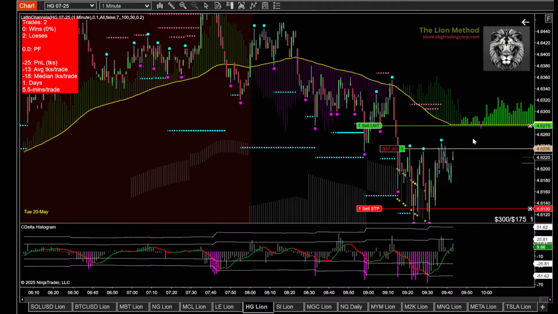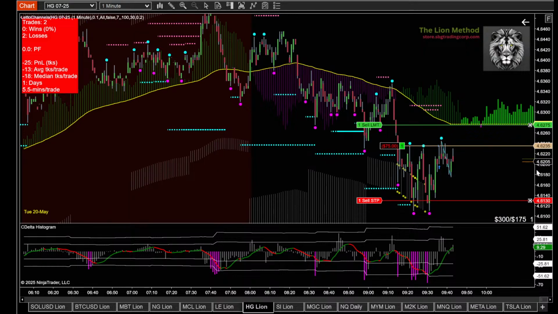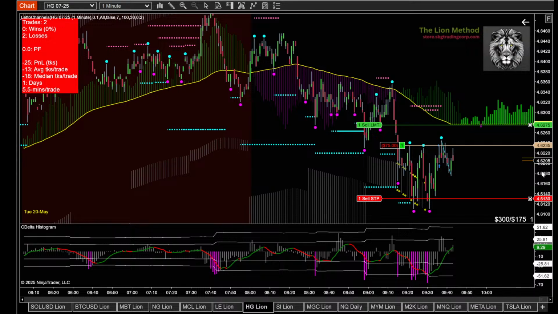What we like is when we break through it swiftly and, if we hit target in a couple bars, that's fine, but this clean, swift break is what we're looking for, like this situation right here. Or this sell dot right here, we just moved strongly through that level. There's way too much selling interest right in our zone.